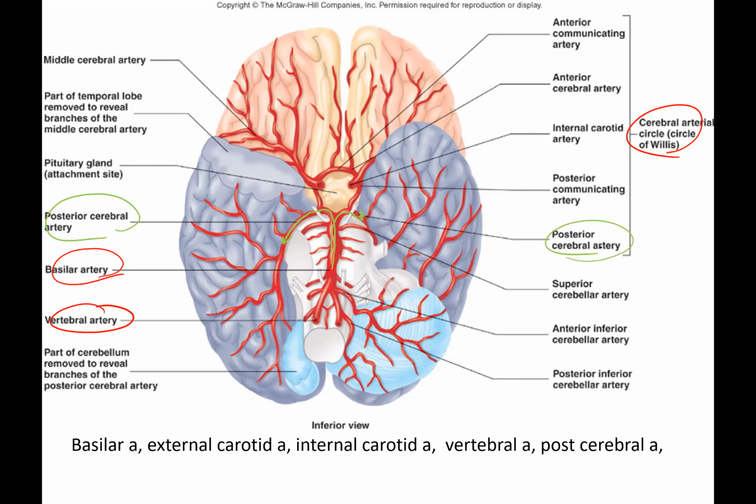The posterior, that gives it away, right? The back of the brain, posterior cerebral artery. Then the posterior communicating artery.